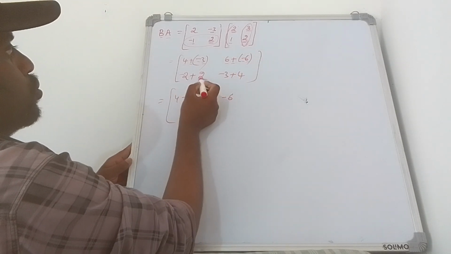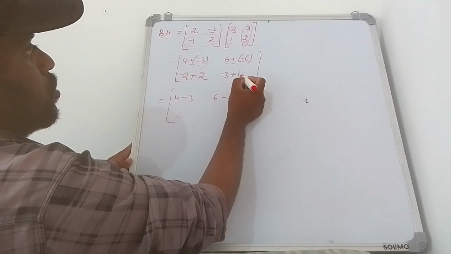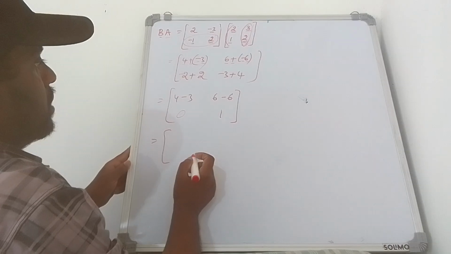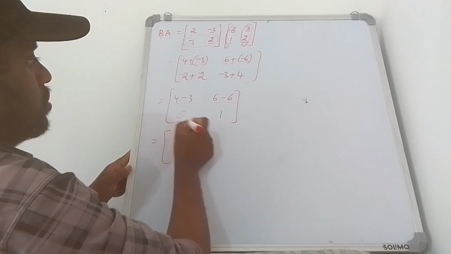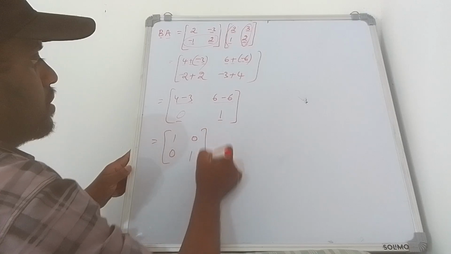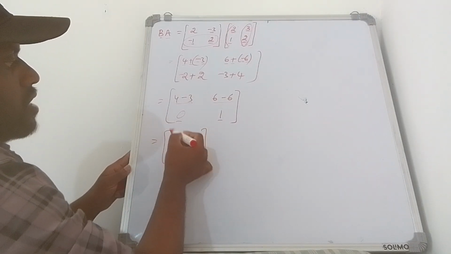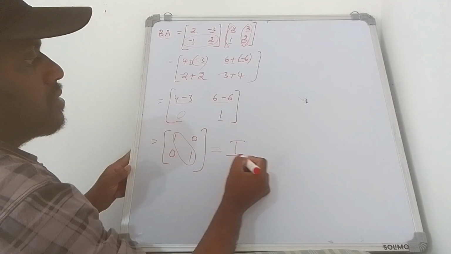Next, 2 plus minus 2. 2 minus 2 is 0. 4 minus 3 is 1. Similarly 4 minus 3 is 1. 6 minus 6 is 0. This 1. See, this 0 and diagonal elements are ones. So this is identity matrix I.